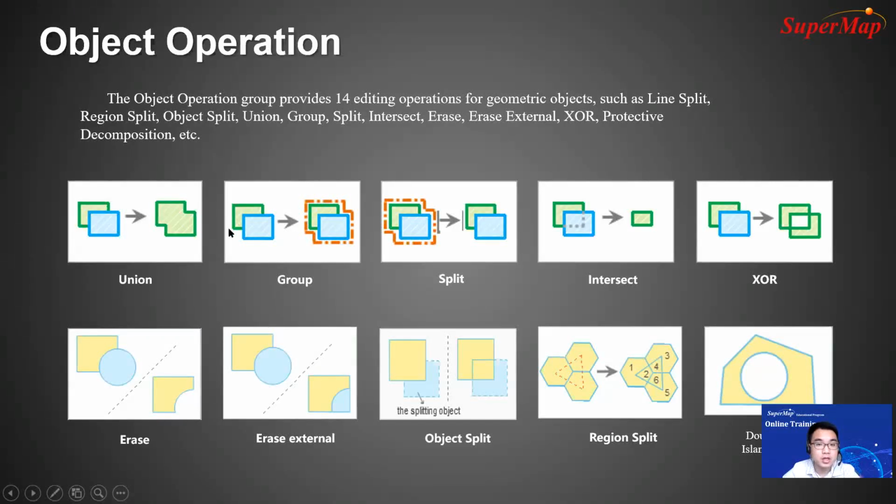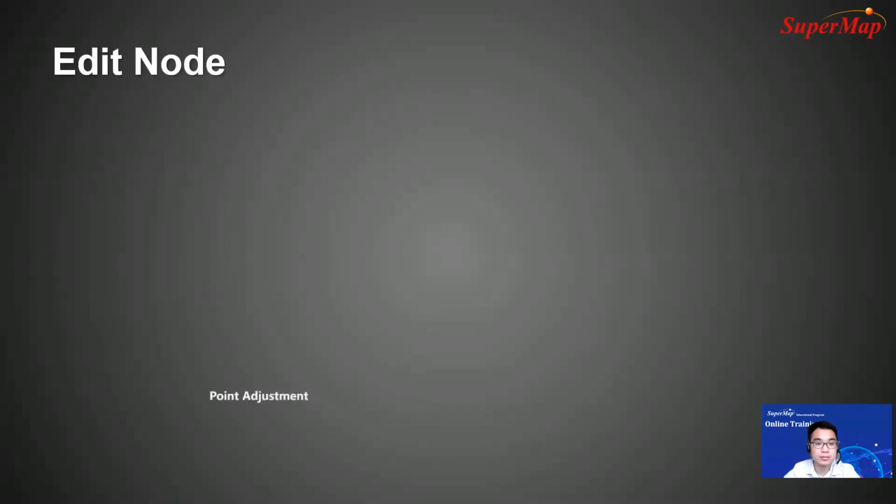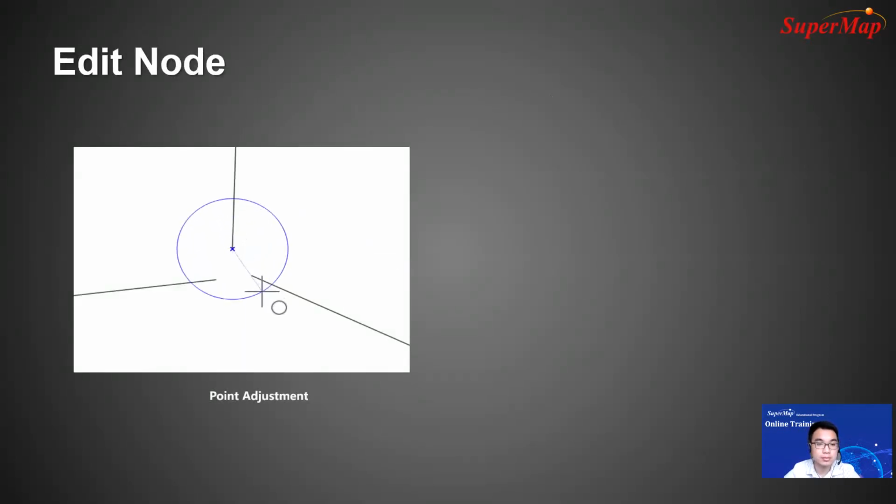Some object operations, as we mentioned: union, group, split, intersect, and also editing nodes. You can delete, move, or add a node. Like here, there are three separate lines, and we can connect all of them.